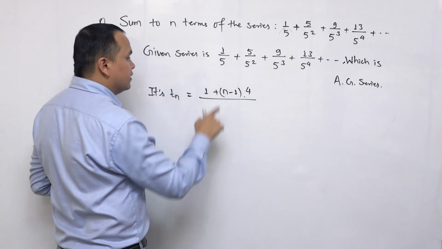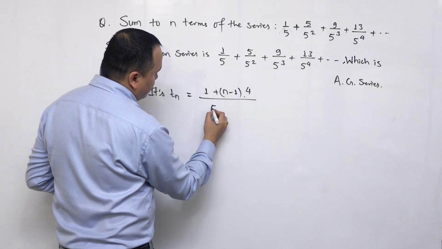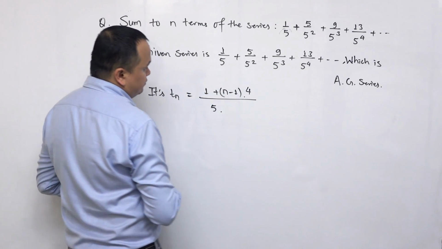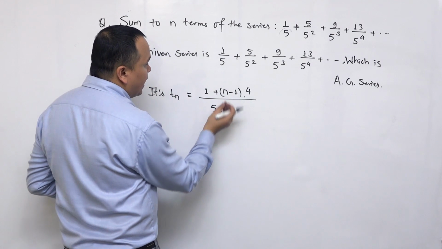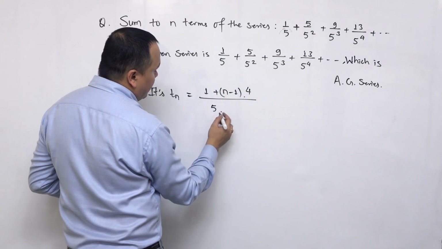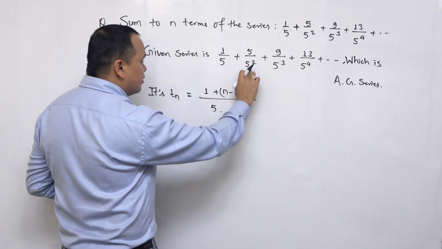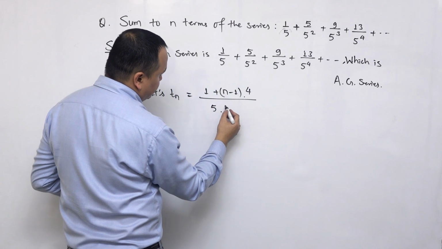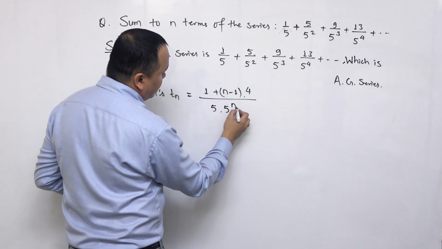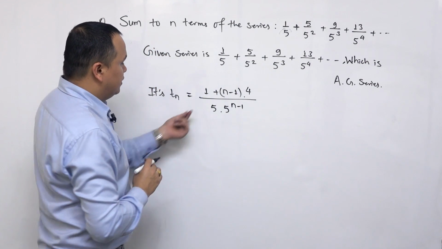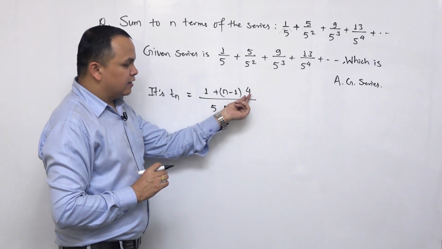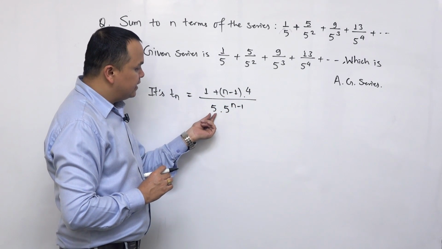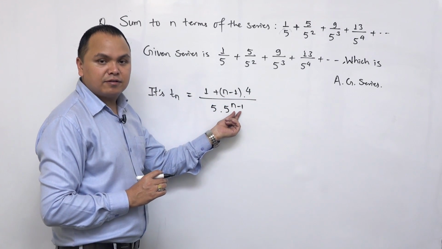In the denominator we have A is 5 and R, sorry, A, R. R is 5 square by 5, just 5, to the power n minus 1. So Tn is A plus n minus 1 times D upon A into R to the power n minus 1.